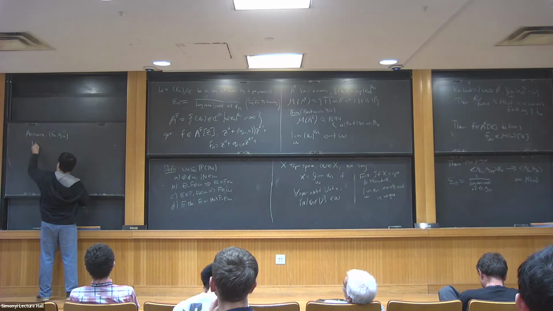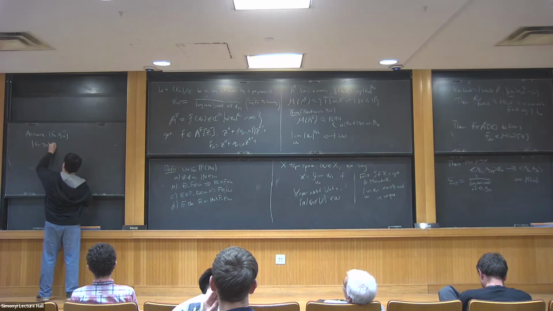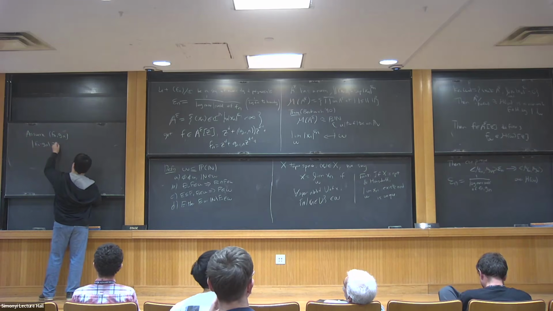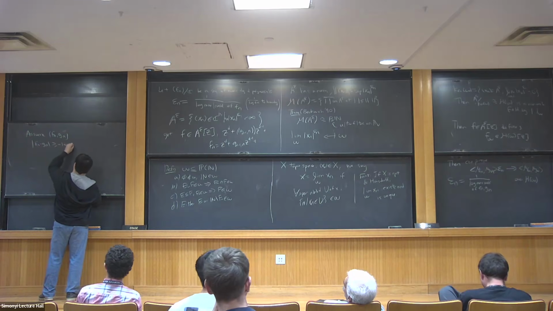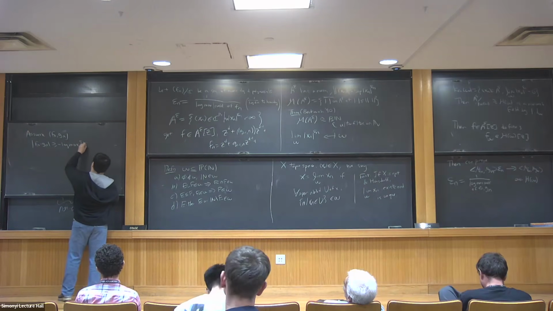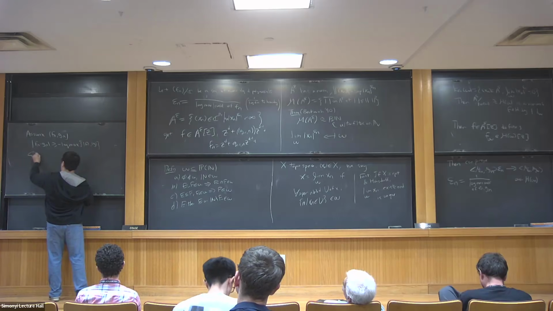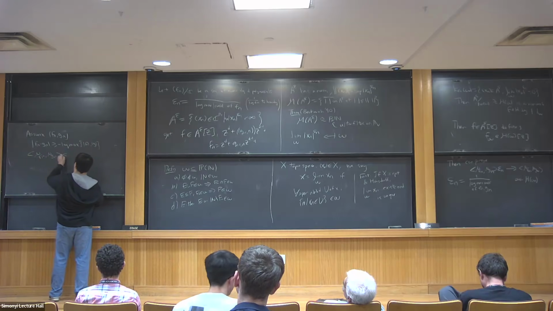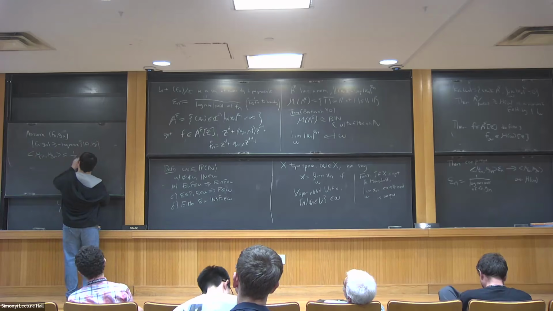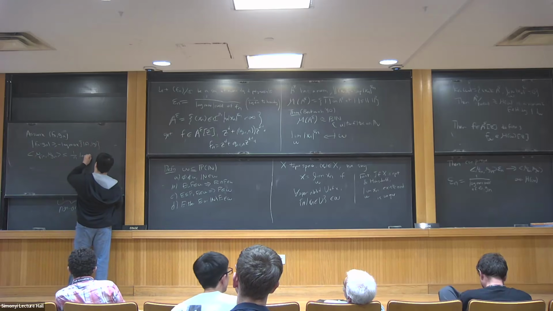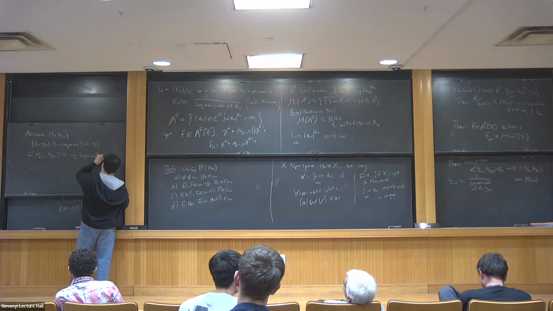We know that they are not too close, it's at least minus log max. But we know the pairing is somehow not too big, so the pairing is less than or equal to 1 over n times log max. So if there is no such sequence, we have a uniform bound.